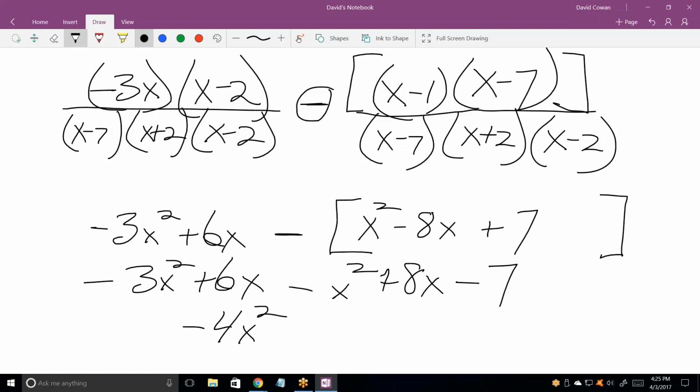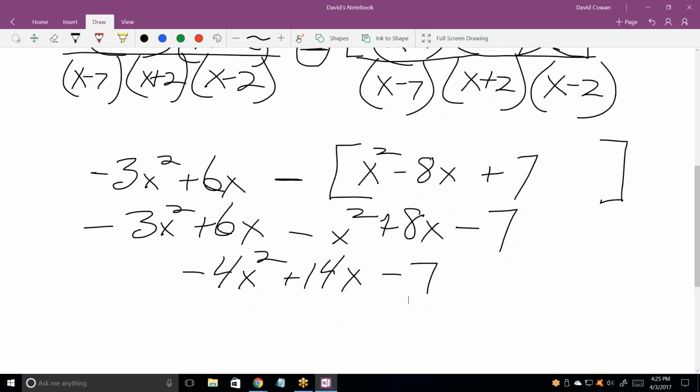Minus 4x squared. How many x's do you have? You got 14 x's. And then minus 7. And all of that is still over our common denominator.